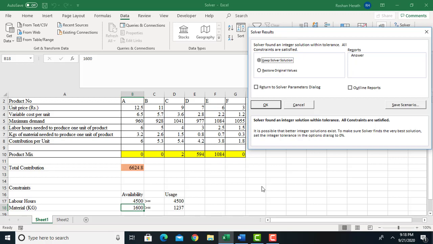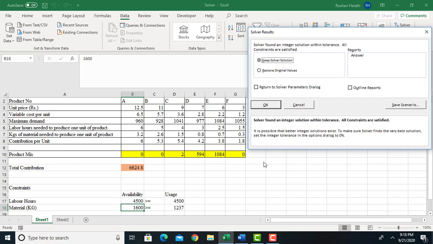Hence, you have satisfied all the constraints. Then also these figures are complete units, so those are integer values. Hence, it has satisfied all the constraints, and subject to that, it has given you the optimum product mix.